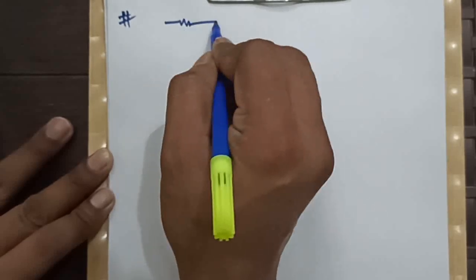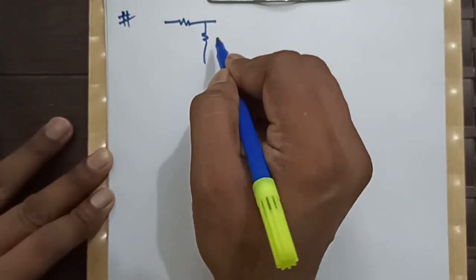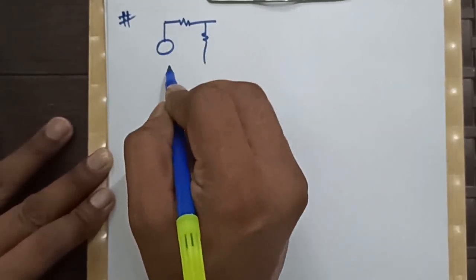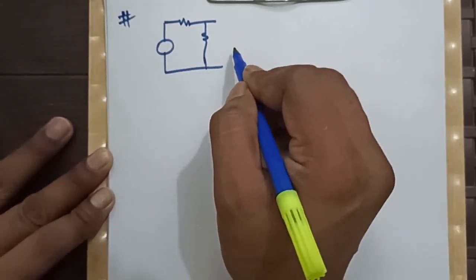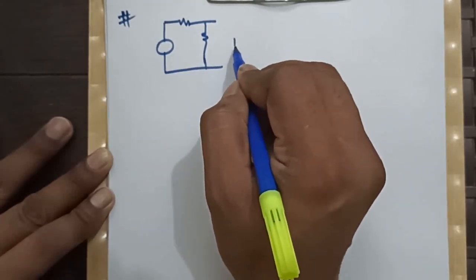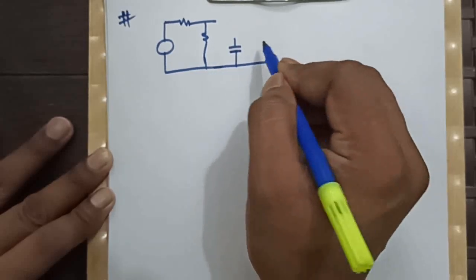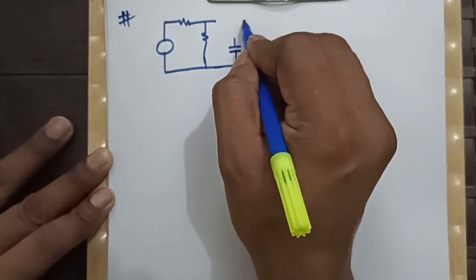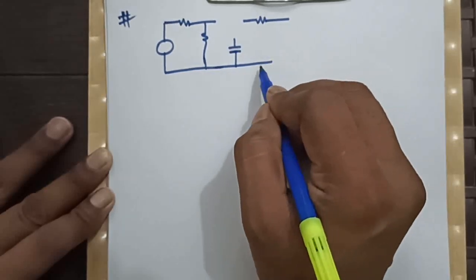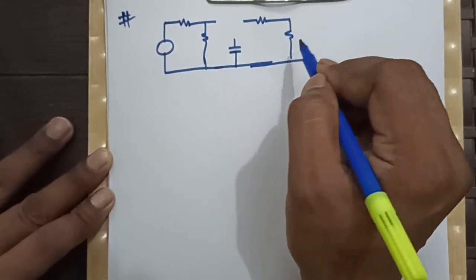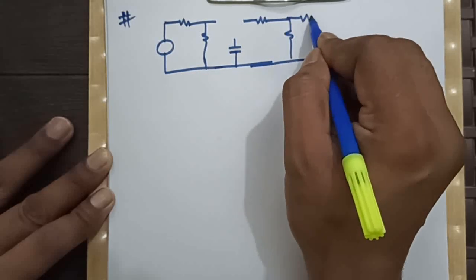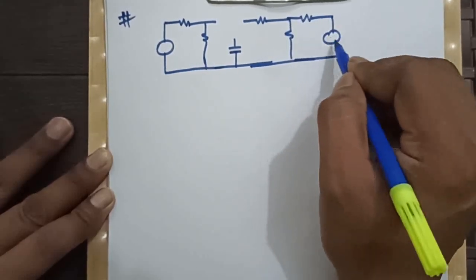Consider this circuit. This is a resistor. This is also a resistor, a source. Here it is a capacitor. Here this is another resistor. This is a resistor and a current source.